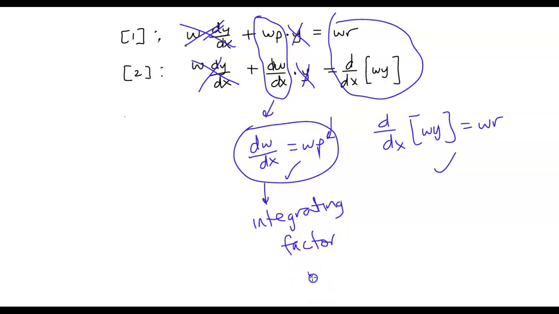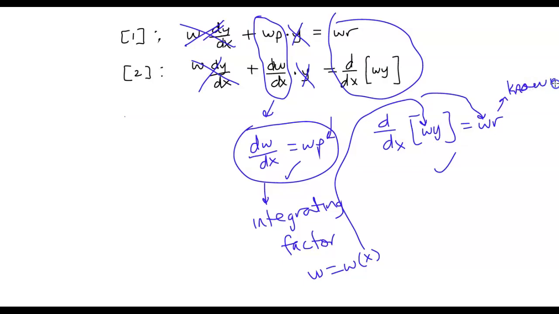After I find out what W is, I could take that information, put it into here, and since R is already known, essentially all I have to do at this point is just solve for Y. And so that's really, in a nutshell, the process of how to solve a first order linear ODE. If I can find what W is, then I can pretty much solve the equation.